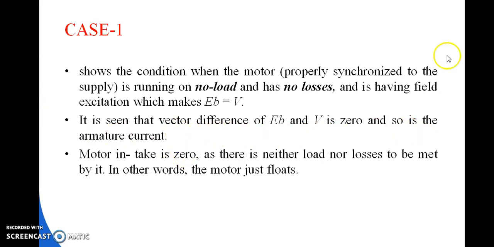There was no vector difference. The motor intake is 0, as there is neither load nor losses to be met by it. In other words, the motor just floats.